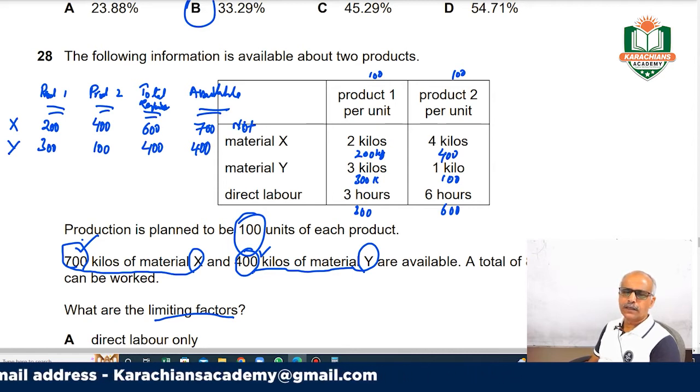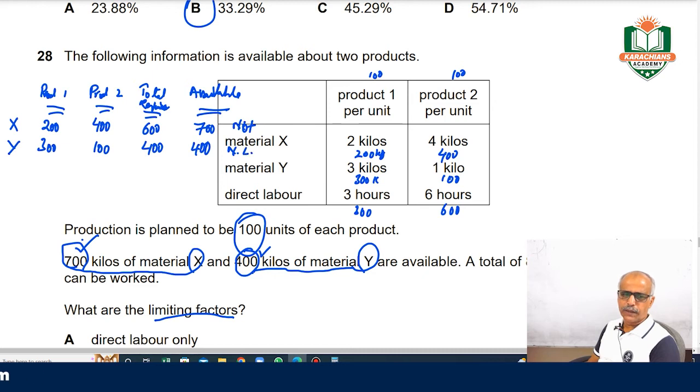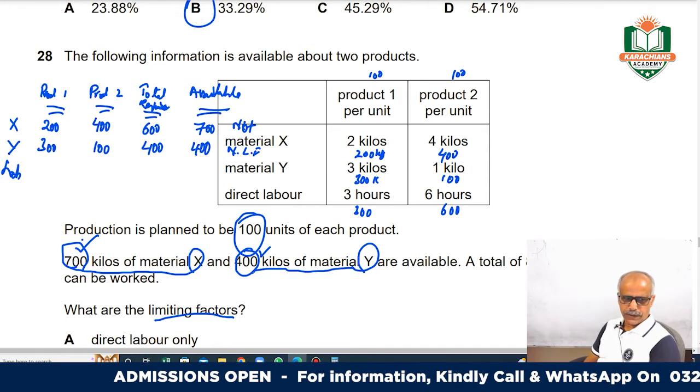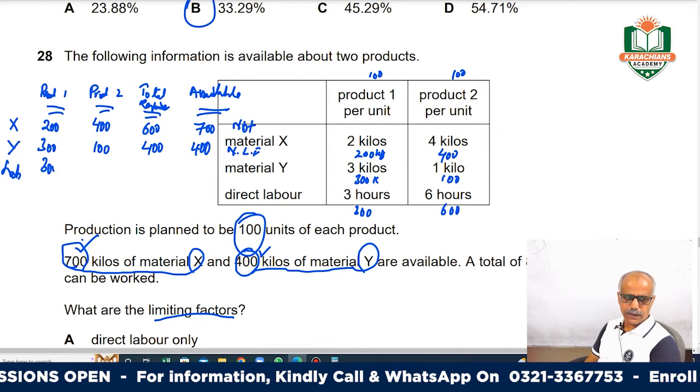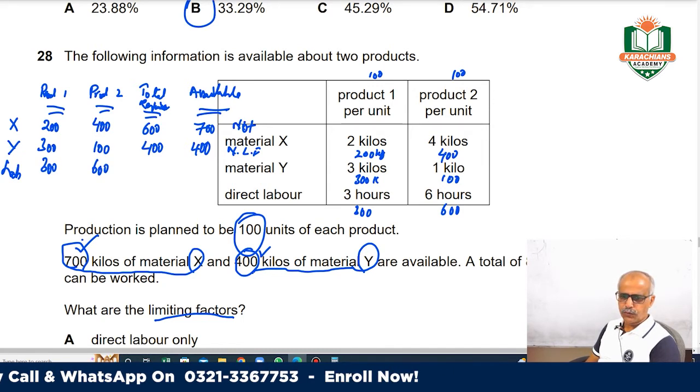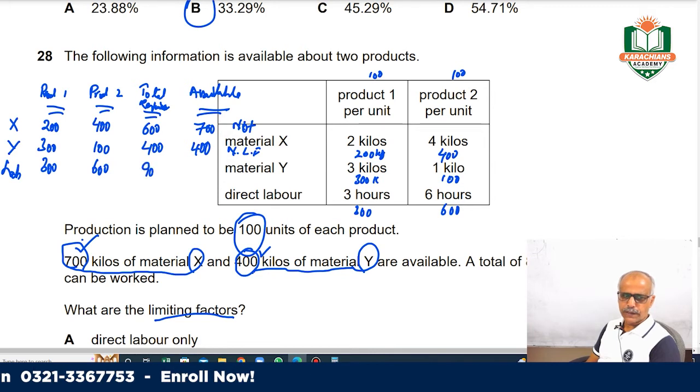No shortage, so this is also not a limiting factor. Now labor: 300 hours in product 1, 600 hours in product 2, total 900 hours. How many hours do you have?